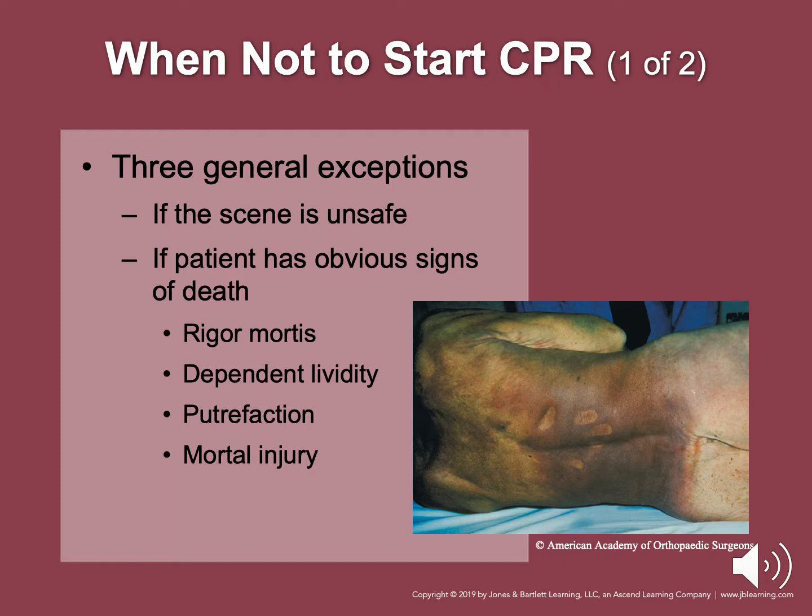That means these patients have been down for a longer time and have probably got a hypoxic brain injury. So it's really not good to attempt chest compressions and CPR in those situations.